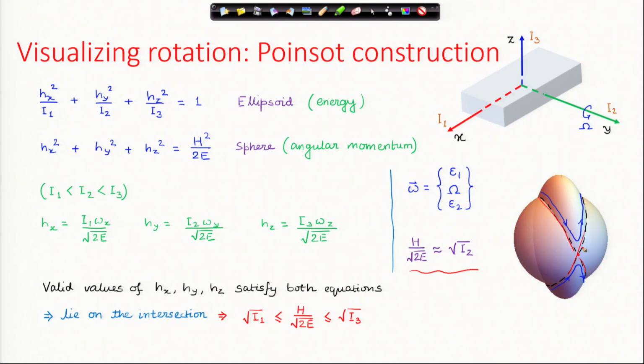And this indicates that now lowercase h x, h y, h z will have values on this curve, and this is connected to the antipodal point. Antipodal point is the point which is diametrically opposite on the sphere.